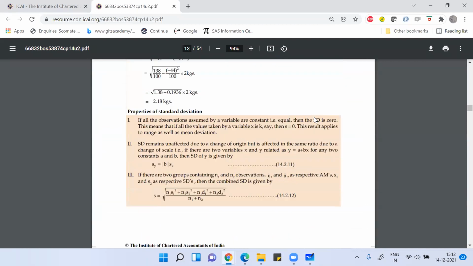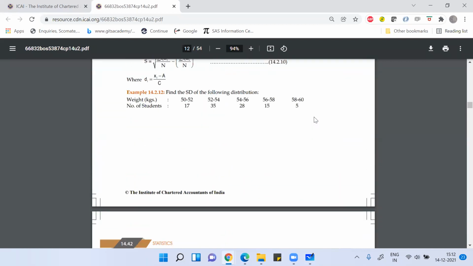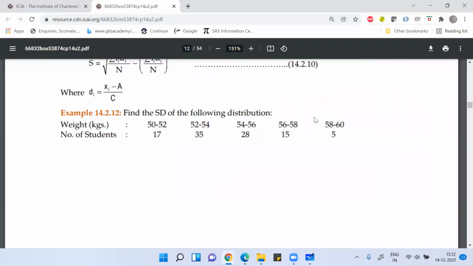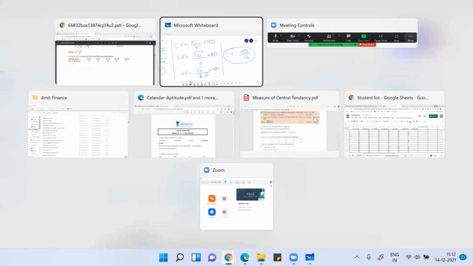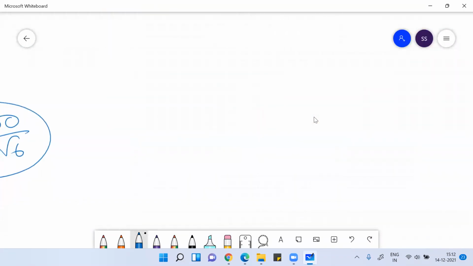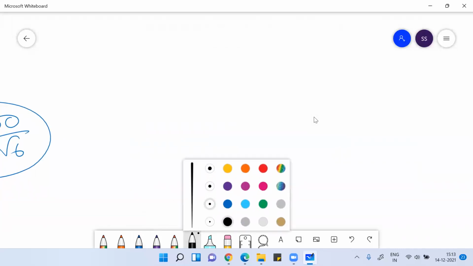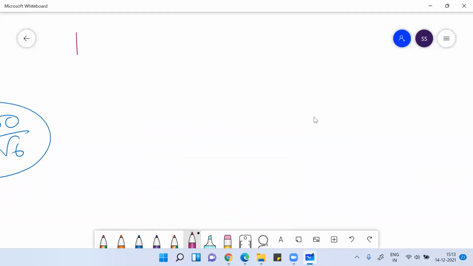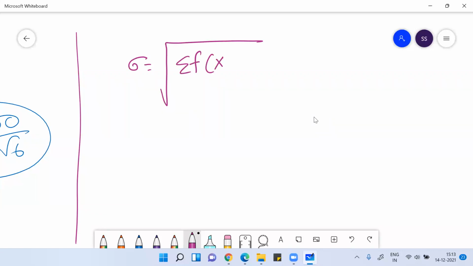While if I give you class interval and frequency, then the formula for standard deviation is the square root of sum of f into x minus x bar whole square by sum of f.